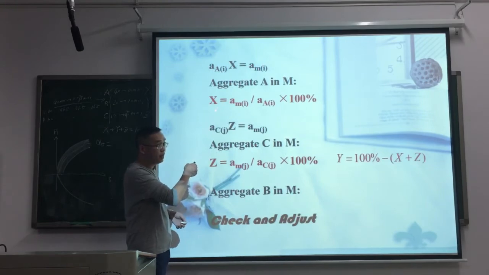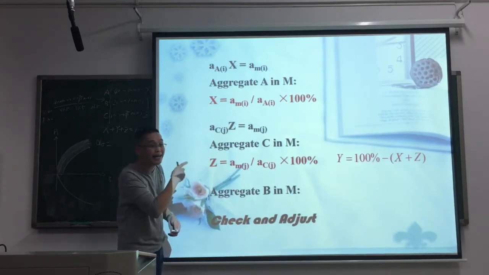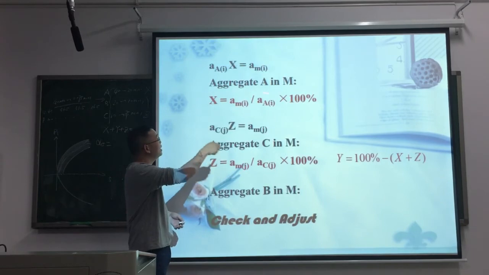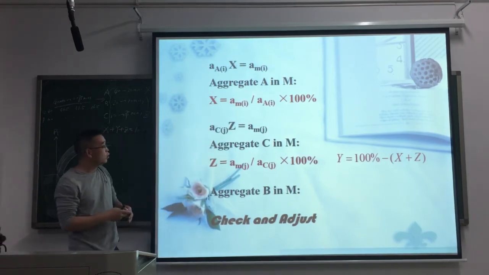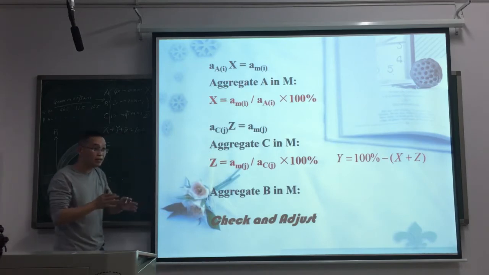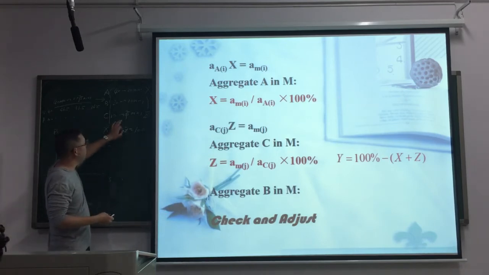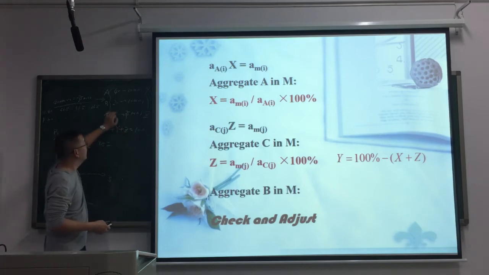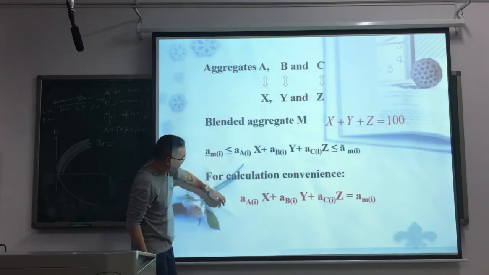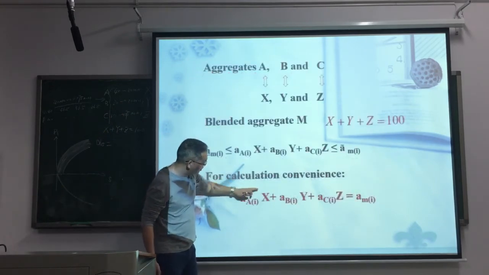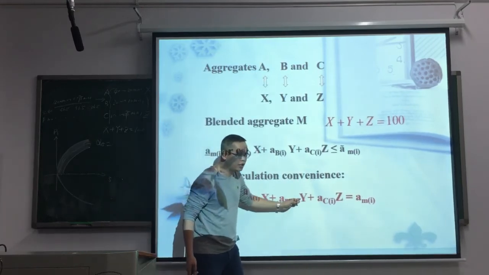We can find X. X means the content of A. Yes, we can get the content of A like this. And then we can find another size. This size may be 4.75. 4.75 mainly comes from C. So this one is 0, this one is 0.